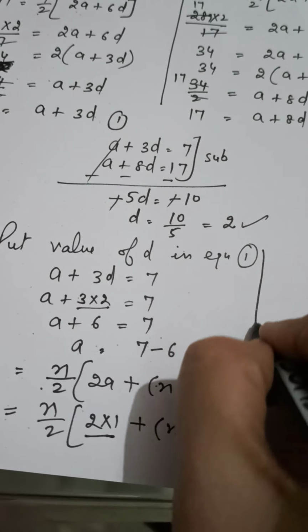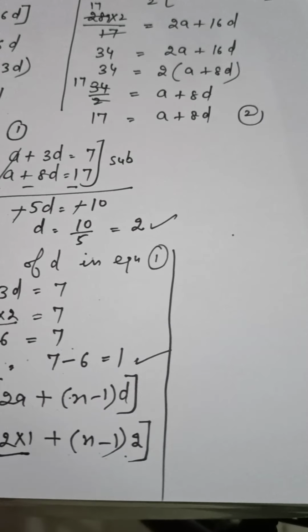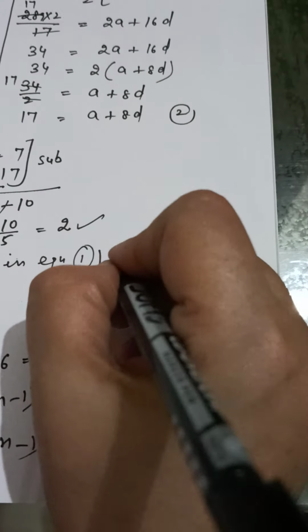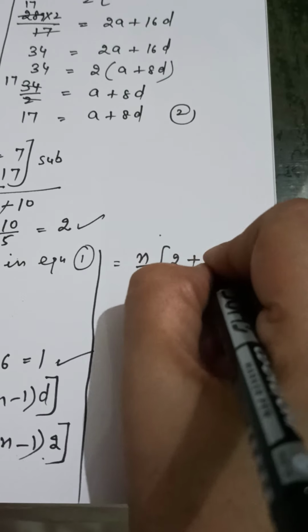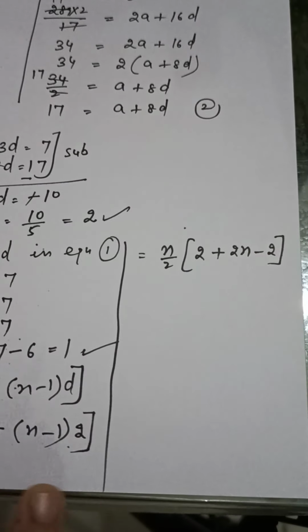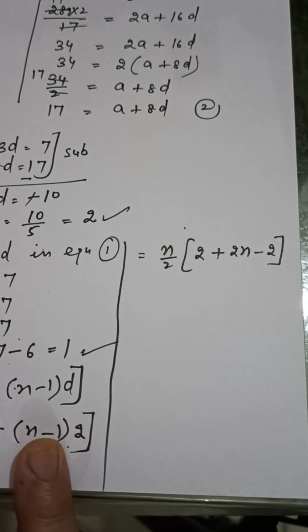We get n upon 2, 2 plus 2n minus 2. We will multiply 2 by n and 2 by minus 1 also.